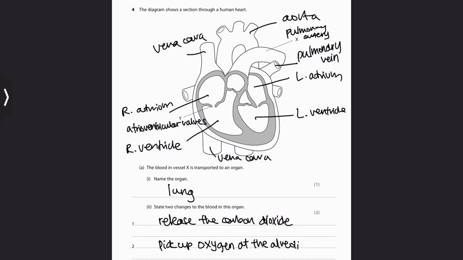So in other words, when the blood is in the lungs, the carbon dioxide level is going to go down, and then the oxygen level is going to increase, right? So CO2 will decrease and the oxygen will increase.